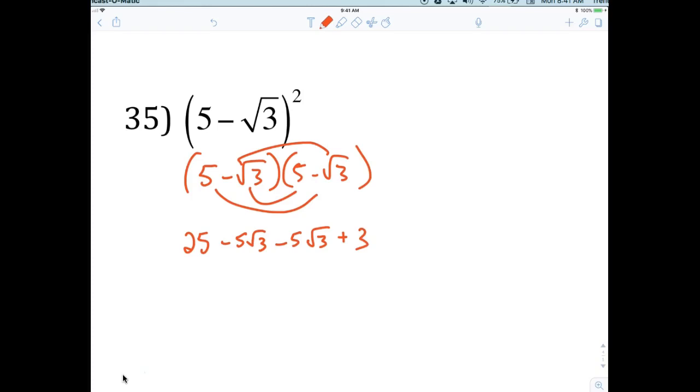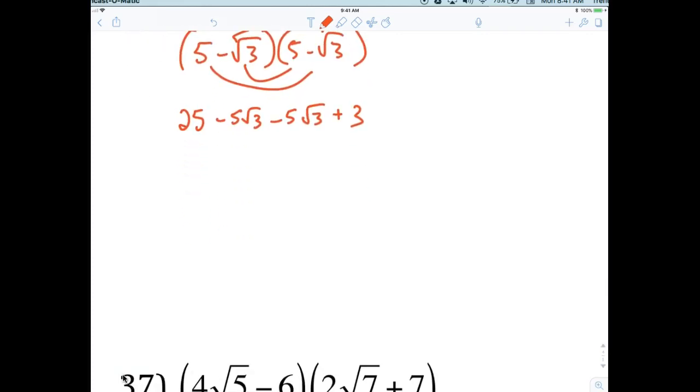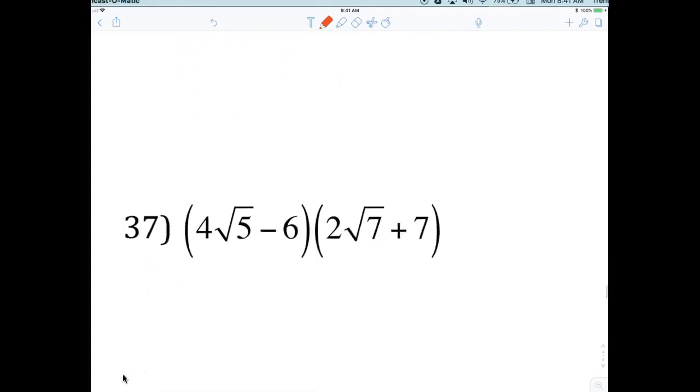Any questions? All right, so now I want to add 25 plus 3. 28, minus 10 radical 3. That's not bad. All right, let's check out 37.